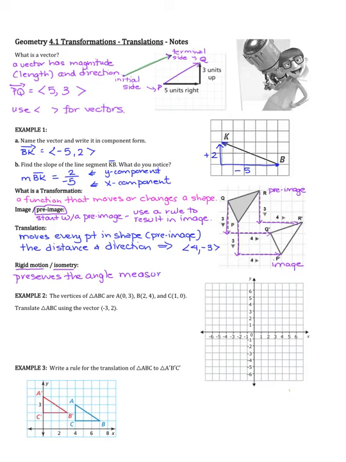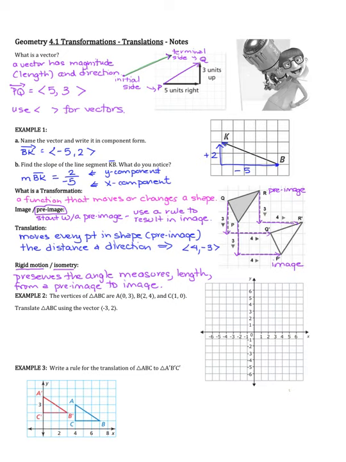It preserves length of a side from a pre-image to the image in a transformation. So basically, it just moves you to a new position.